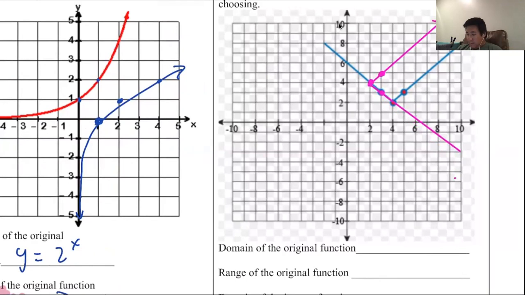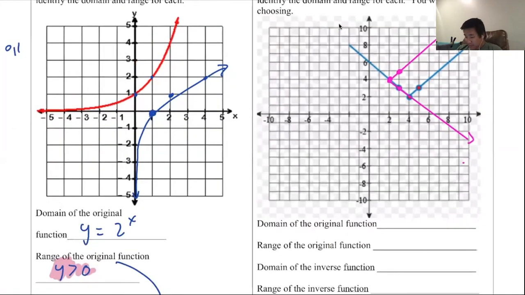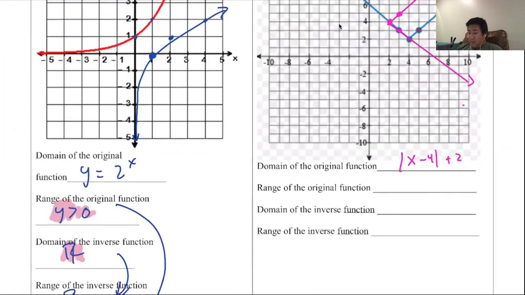There you go. It's the absolute value of x minus 4 plus 2. The range is y is greater than or equal to 2.